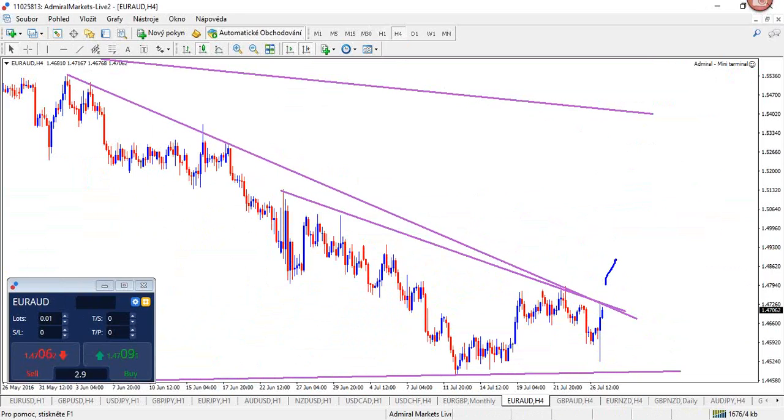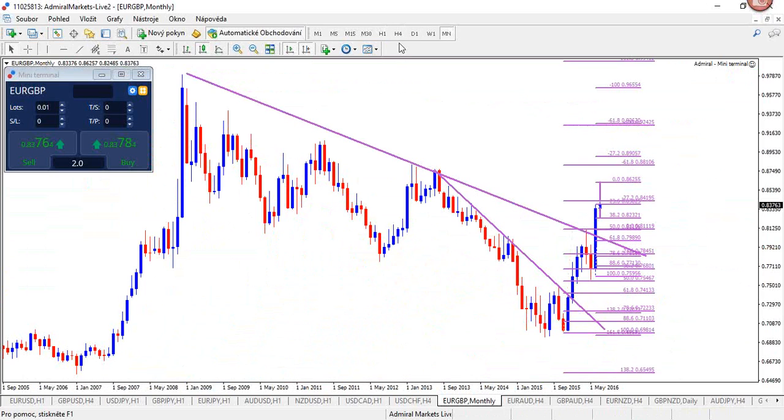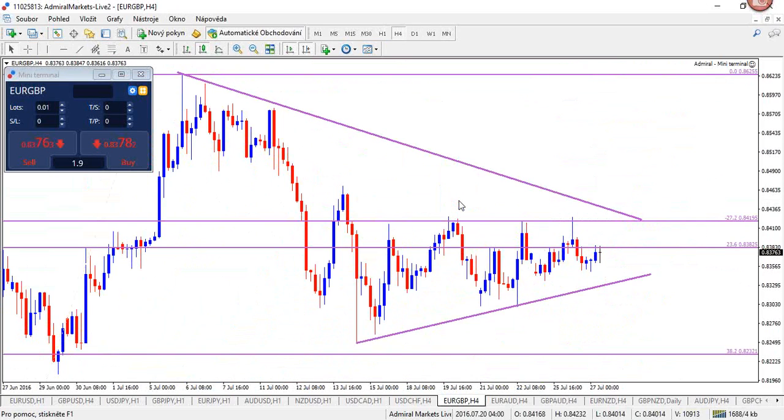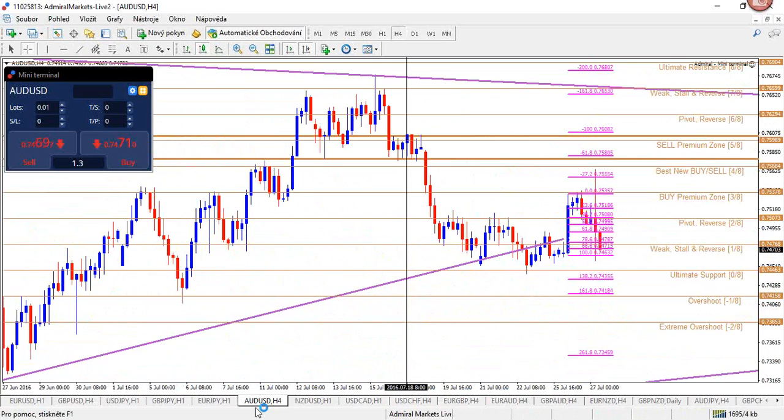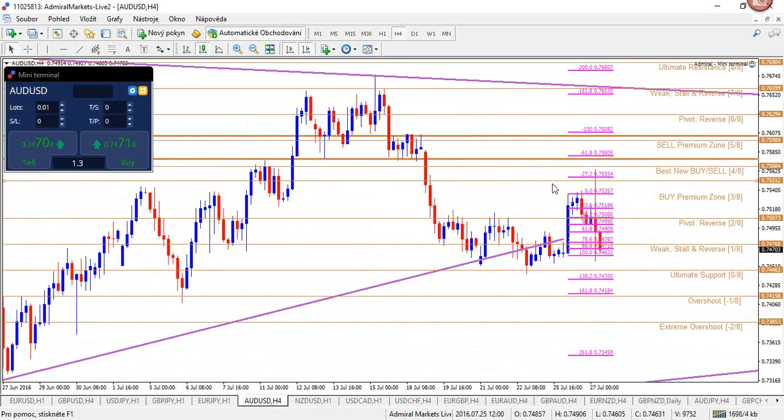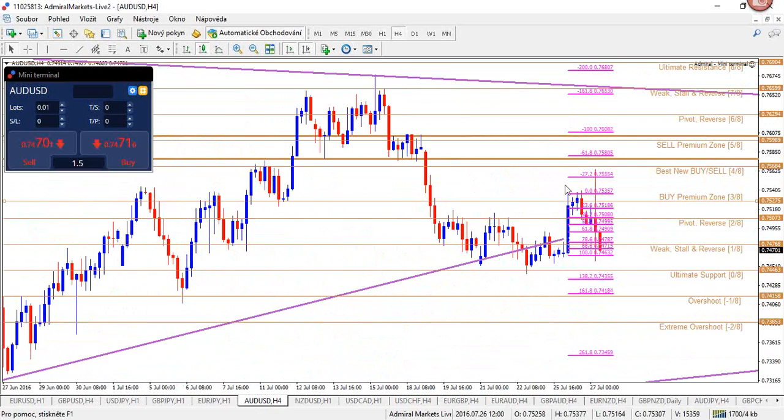All right, if it closes above it, makes a bit of correction, then there's a good space to the upside. All right. Let me take one more look at the Aussie here.